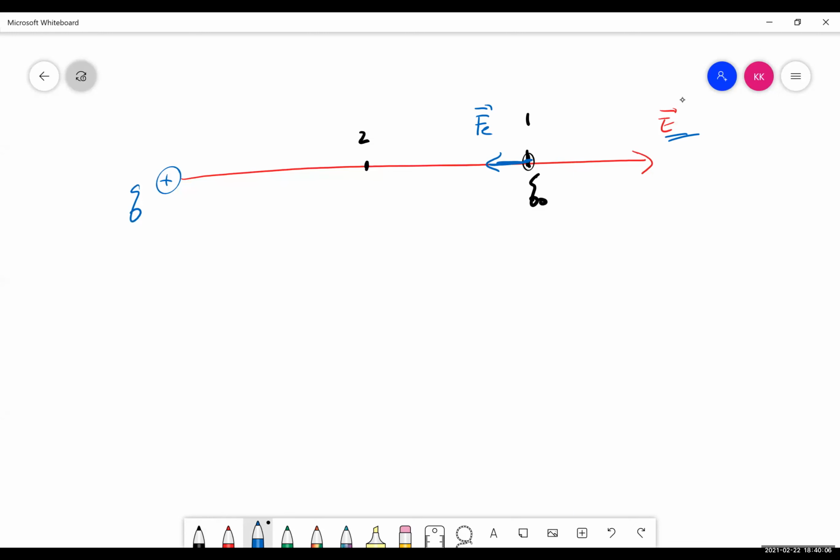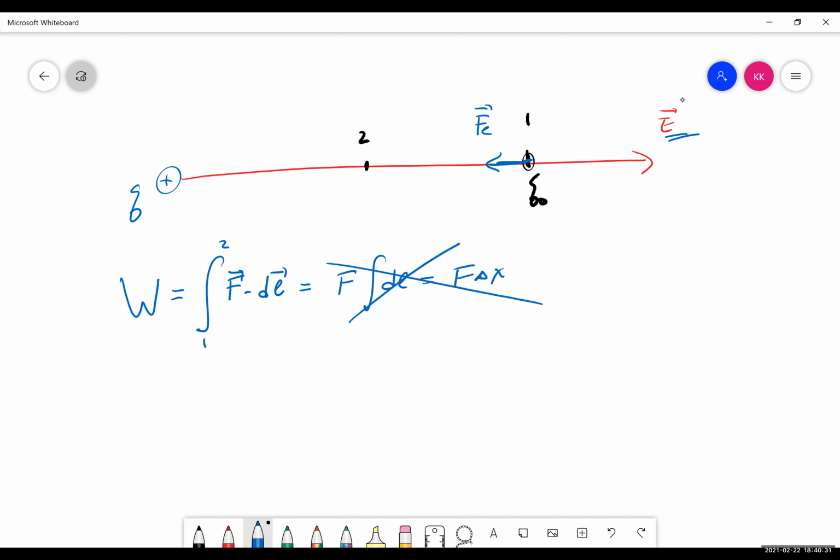All right, so here's what I have. The work done equals the integral of F dot dl, that was a dot product, going from point one to point two. Now, generally what we have is this. If the force is constant, you can take it out of the integral. So this becomes force times dl, which becomes force times delta x, which is simple enough if the force is constant. Well, we can't use it like this because electric force is not constant.